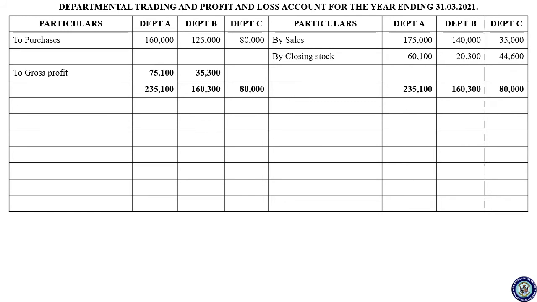That is the debit side total. The difference you write as by gross loss, that is 400. That is 80,000 minus 35,000 and minus 44,600, it comes to 400.